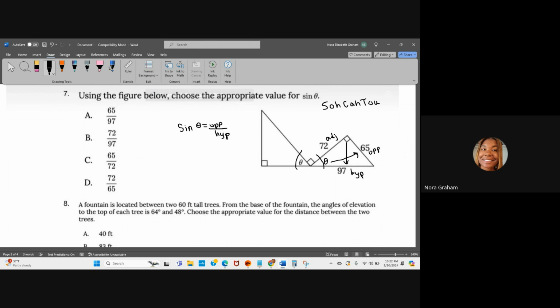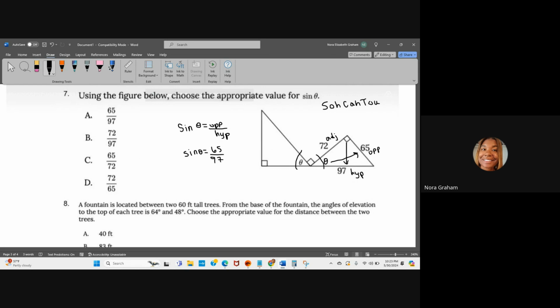Okay. Cool. So now that we have that marked up and we have our trig identity, we can go ahead and substitute everything in. So sine of our angle that's given, which is noted as theta, is going to equal 65 over our hypotenuse, which is 97, which is what they asked for.